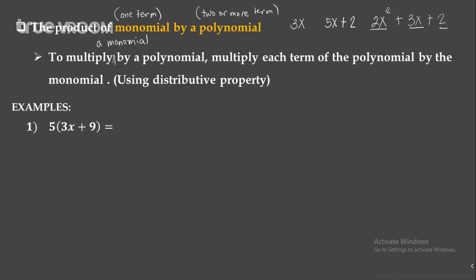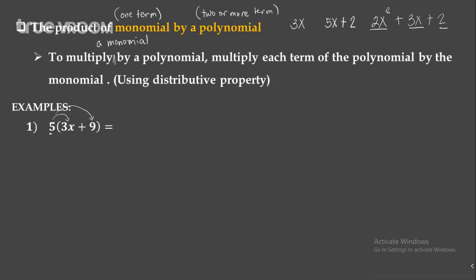For example, we have 5, the monomial, and then the polynomial 3x plus 9, two terms. We multiply the monomial to the first term, 3x, then copy the sign, plus, and then multiply the monomial to our second term. That is what we call distributive property.